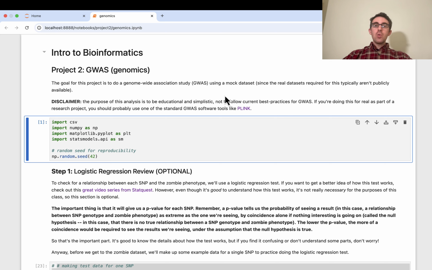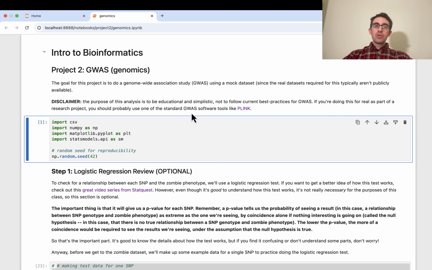in real life, you probably would not want to write all the Python code from scratch like we're going to do in this project. If you were doing this for real as part of a real-life research project, you would want to use one of the standard software tools for doing GWAS.